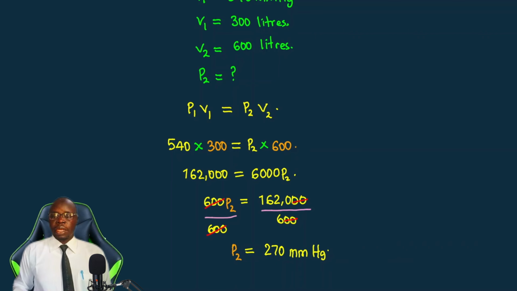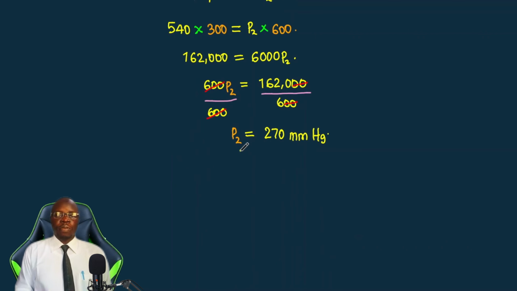So the next question for us is, how do you convert millimeter mercury into pascals? This question is easy to answer. Now, we need to come up with a standard atmospheric pressure that is measured in 760 millimeter of mercury, giving us 101,325 pascals.